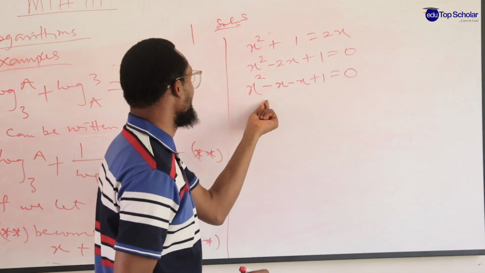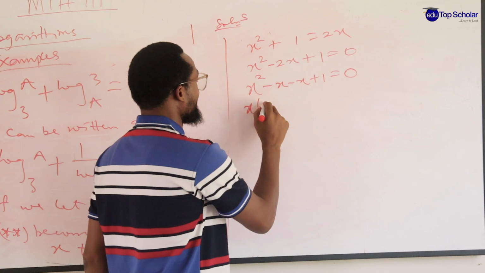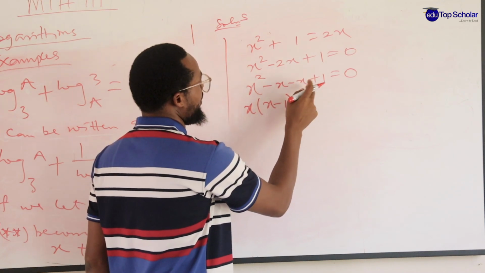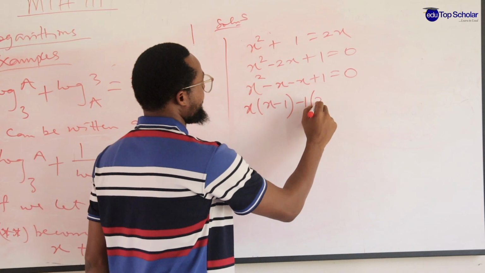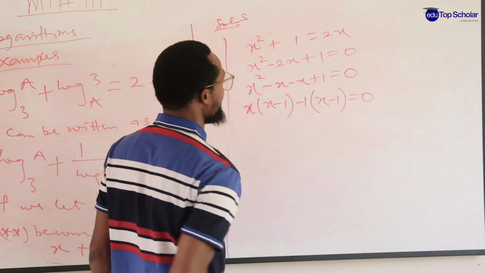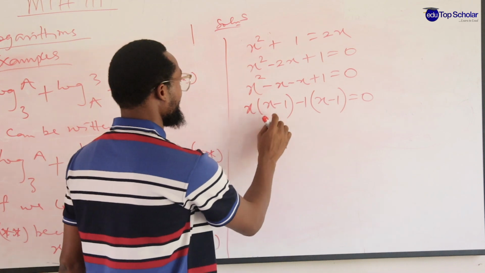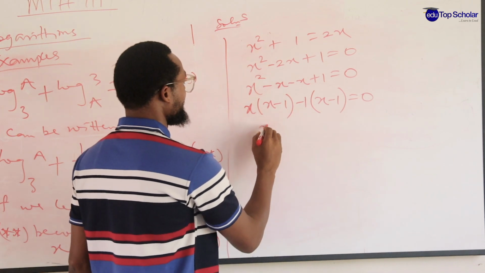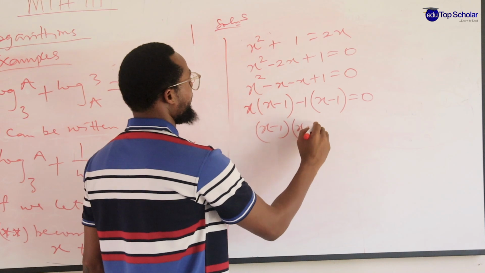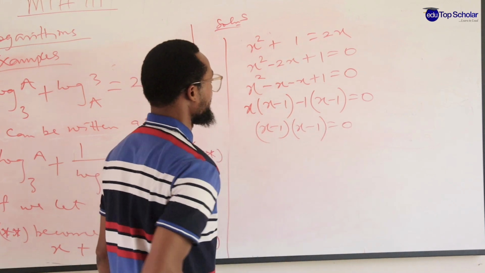Within these two, now if we factor x, we are left with x here, and we are left with 1 here. Only minus 1 is common here, so we are left with x here, minus 1 here, equals to 0. And therefore, we can see that x minus 1 is common. And we are left with x minus 1 here, all of this equals to 0.